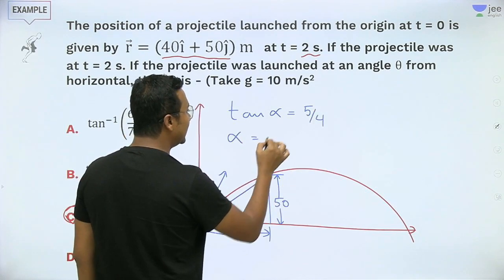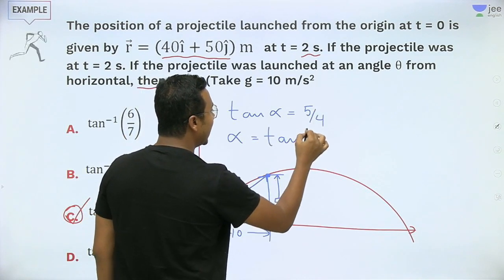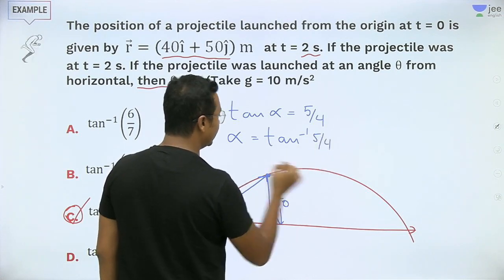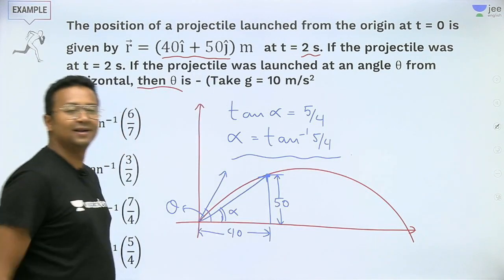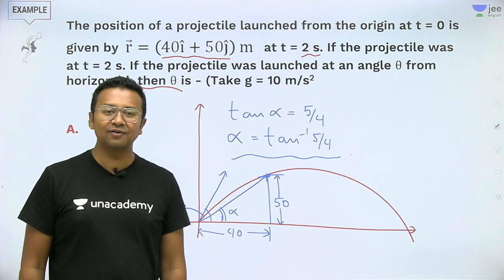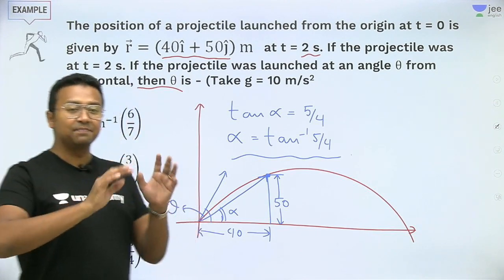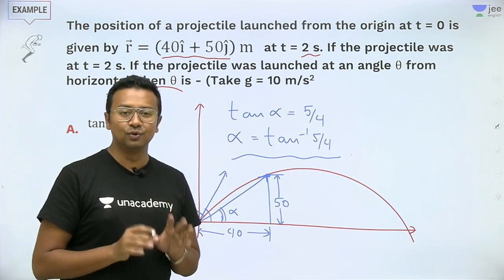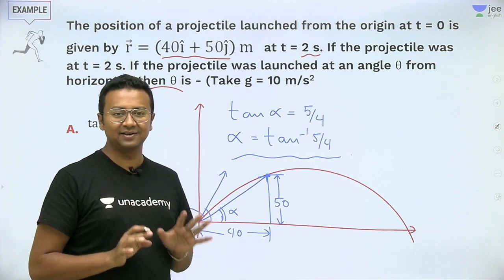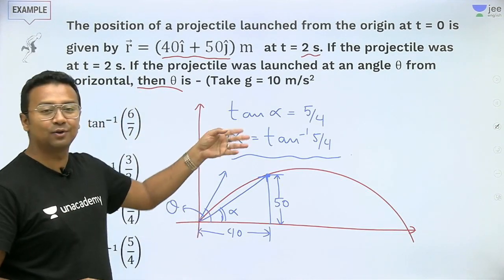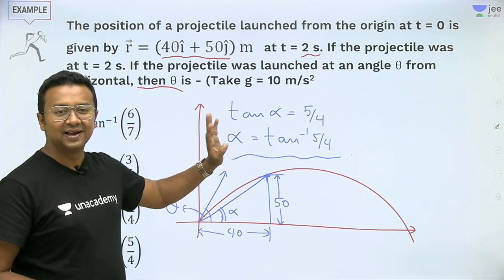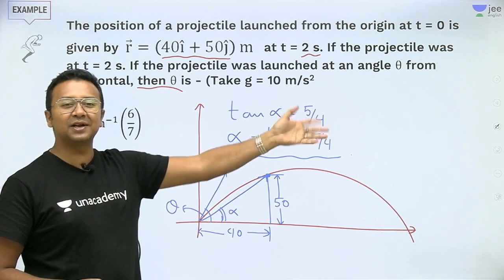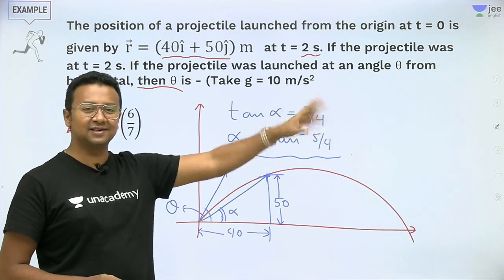So alpha can be written as tan inverse of 5 by 4. See, first I'll give you the traditional method. Okay, but I went into the shortcut method in the very first attempt. Chalo, I'll discuss the traditional method after this. Let us learn the shortcut method.